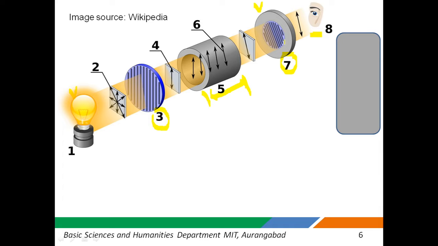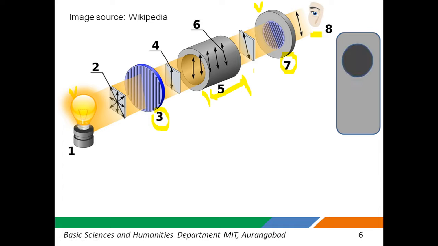At this moment we can consider whether the half shade plate is present or not present. If the half shade plate is not present, then the observer will observe only complete brightness or extinction of light, and only then will he be able to confirm that the analyzer is in the same direction as the light coming out of the optically active substance tube, and how much angle it has rotated.